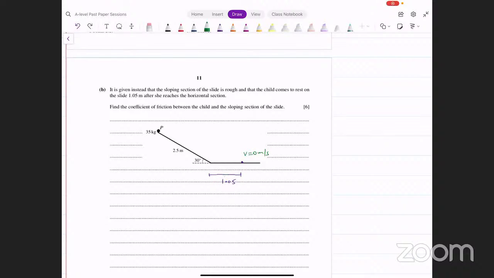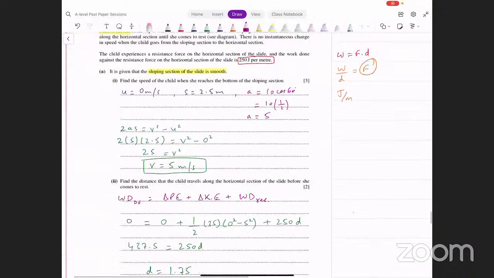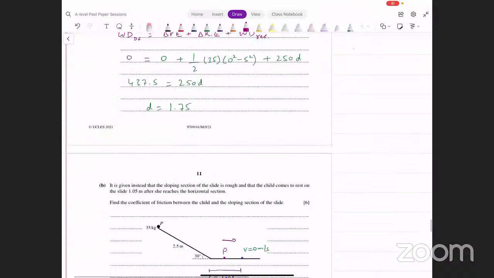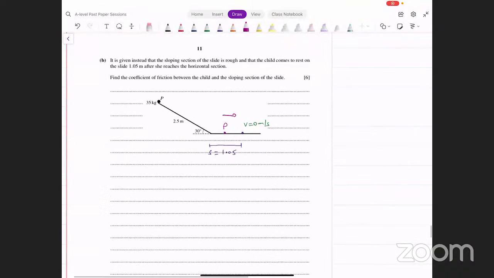We also know the resistance. Let's say this is the particle P. We know the force acting along the plane on this particle, moving to the right. Only the resistance acts on it, and it is 250 joules per meter. We can find the value of force from that.